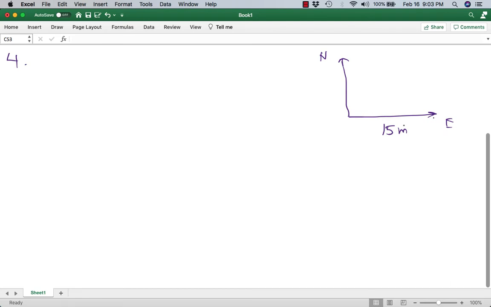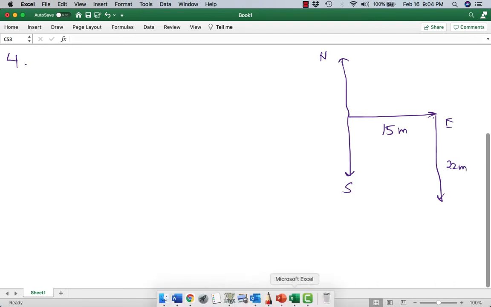Okay, so then you move down. So this is south, so you move down. That's 22 meters. Okay, so that's 22 meters. How far are you from your starting point in meters? So you need to find this vector.